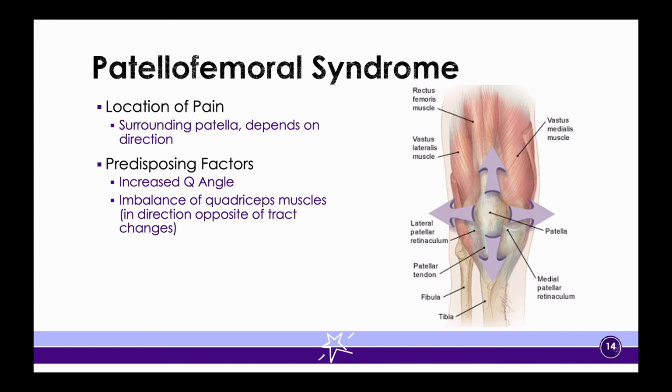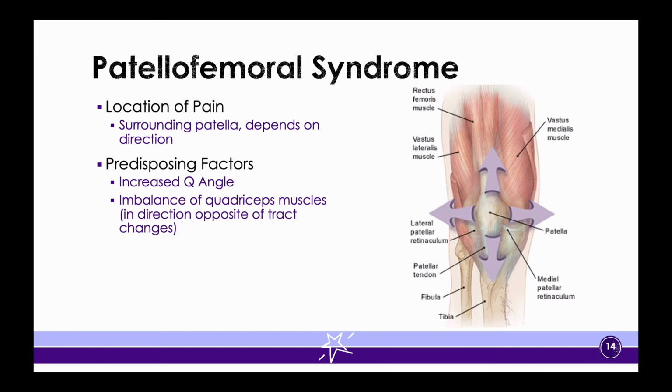As far as predisposing factors that we have, we're going back to that increase in the Q angle. So this is more highly seen in females, just because as females, we tend to have a larger Q angle. It tends to hit in our high school to early college age years.